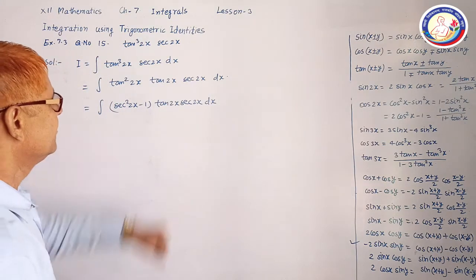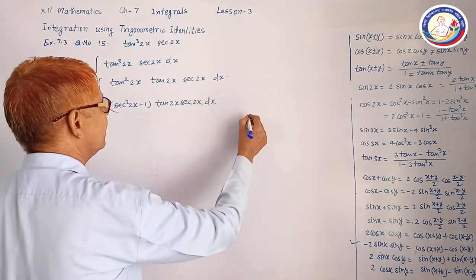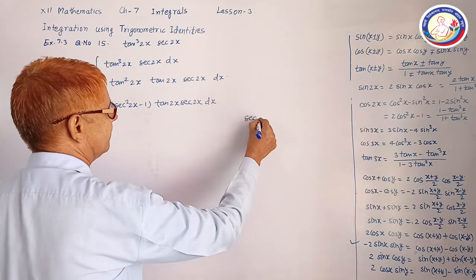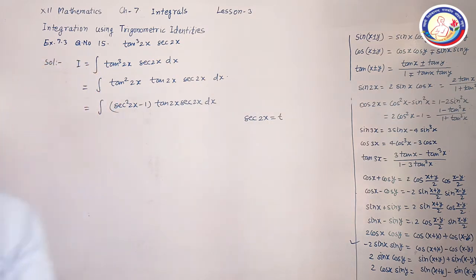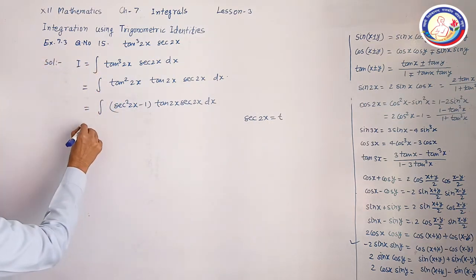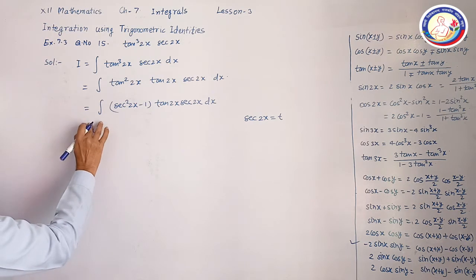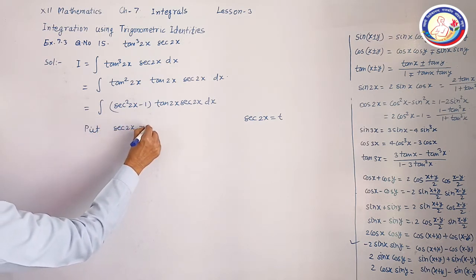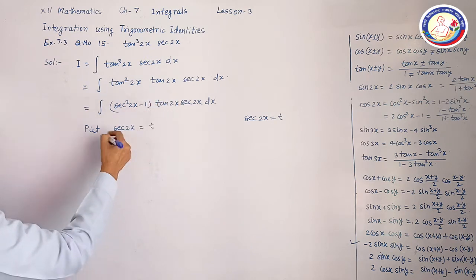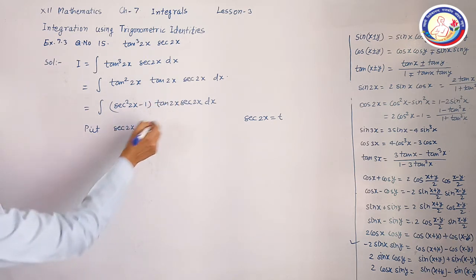Now let sec 2x equal to t. Differentiate it with respect to x, both sides.